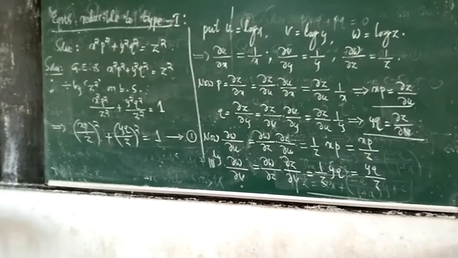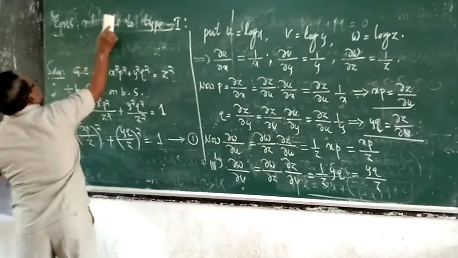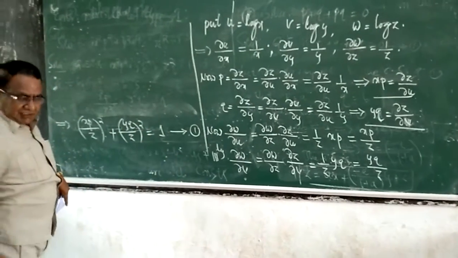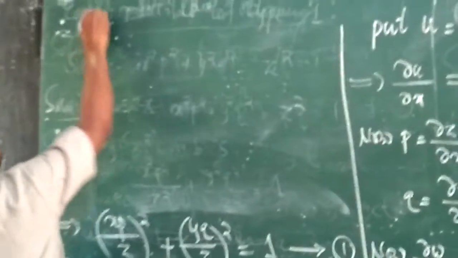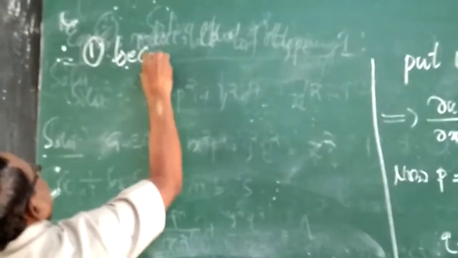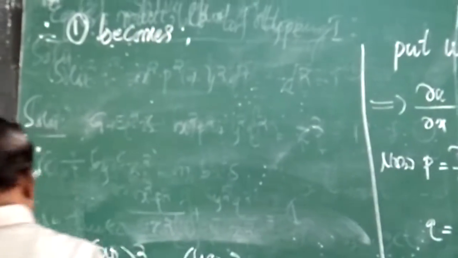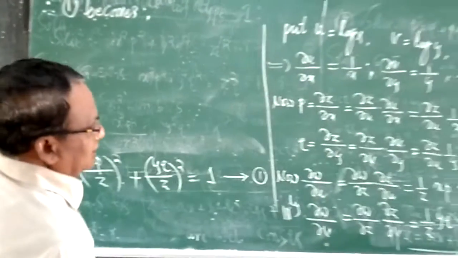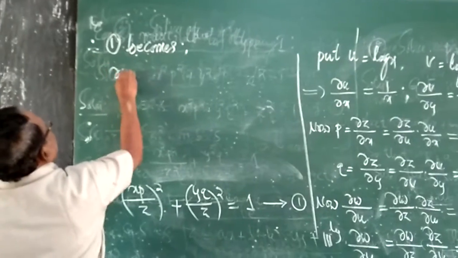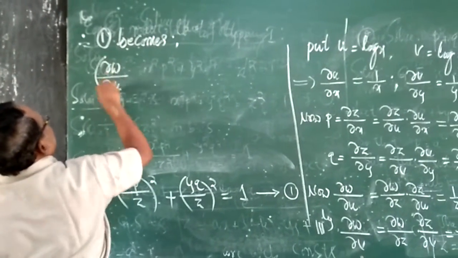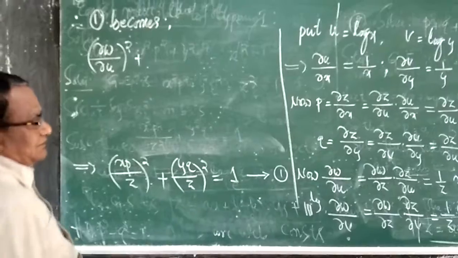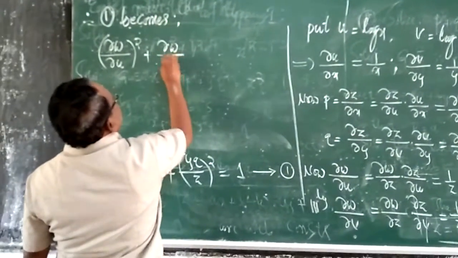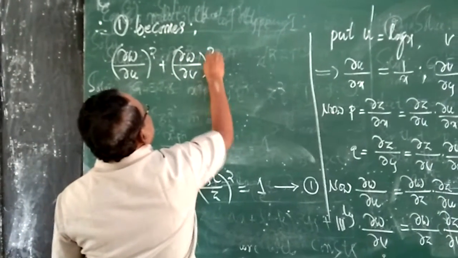With the help of these equations, equation number 1 becomes, what is your equation number 1? xp by z whole square plus yq by z whole square is equal to 1. Therefore, it becomes dou w by dou u whole square plus dou w by dou v whole square is equal to 1.